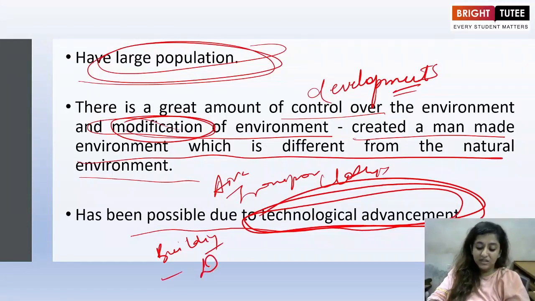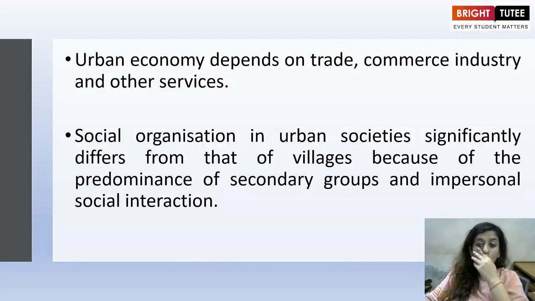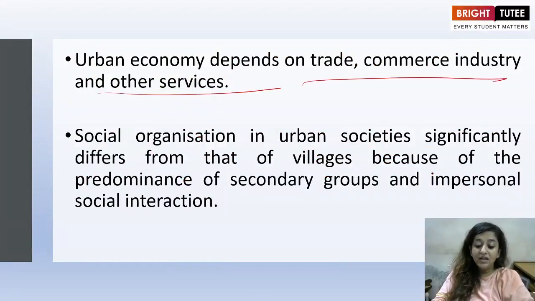The deliveries that you get, the groceries, the kind of food material, the kind of education, the kind of health facility, all of these come under technological advancement, and hence come under the urban economy, which depends on trade, commerce, industry and other services.